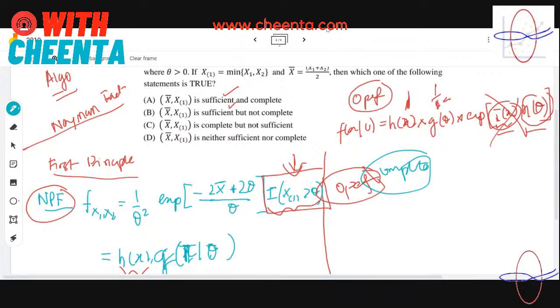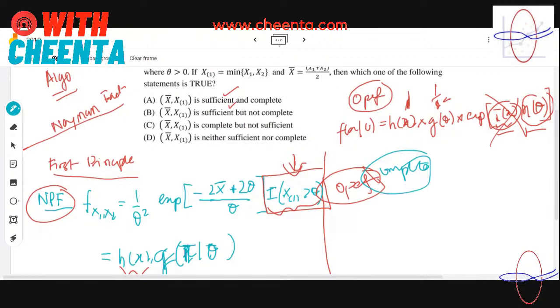Okay, so I hope all of you are understanding where I'm heading. So let's do that. What is the definition of completeness?